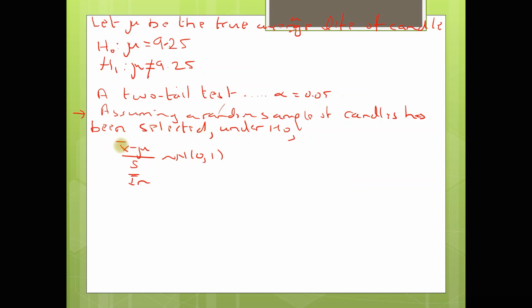I told you that just through the value, this difference between x bar and mu is odd, but through this test statistic, it becomes easier. How? Because we are going to make a comparison of what we get over the z scale.